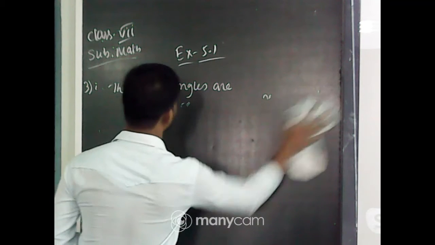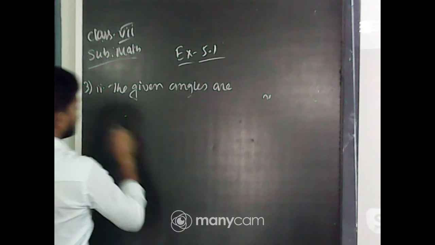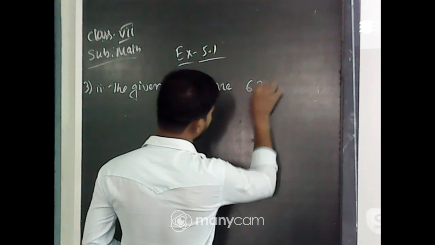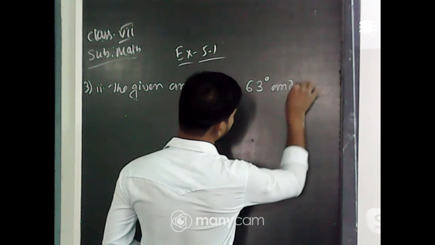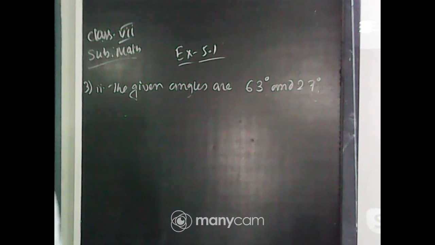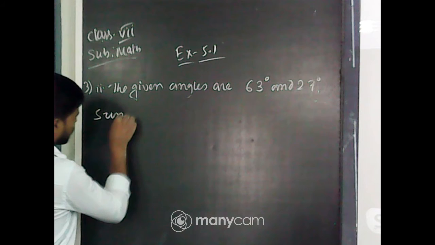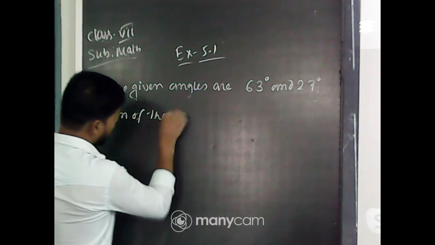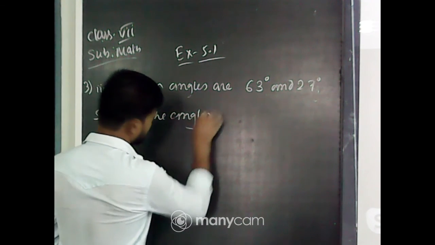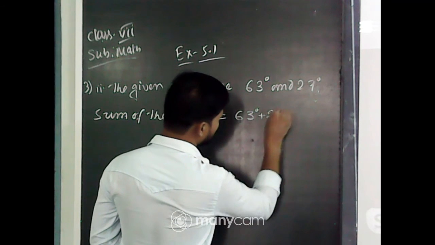Question number 2. Here the given angles are 63 degrees and 27 degrees. We have to check whether the angles are complementary angles or supplementary angles. To check that, we just add them. So the sum of the angles will be 63 degrees plus 27 degrees.